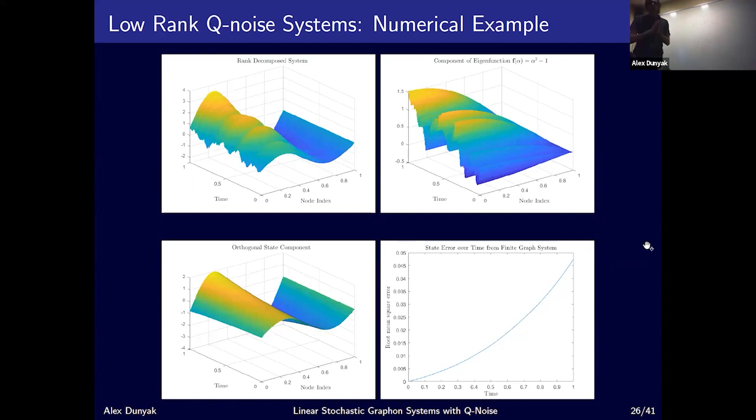So this means that the system is well approximated by the low rank system, even though the graph is very complicated.